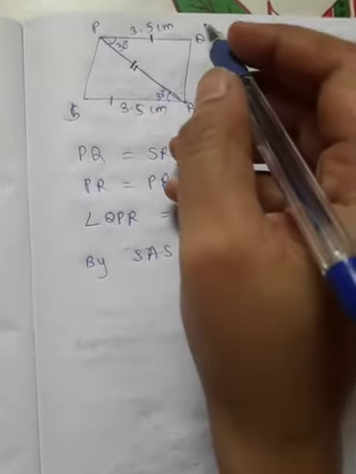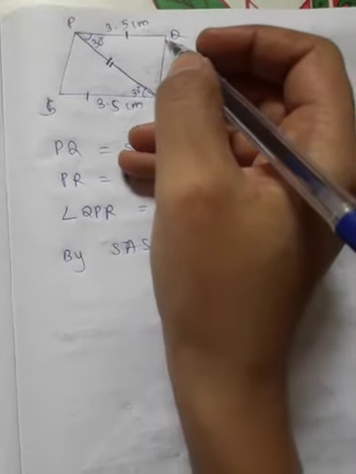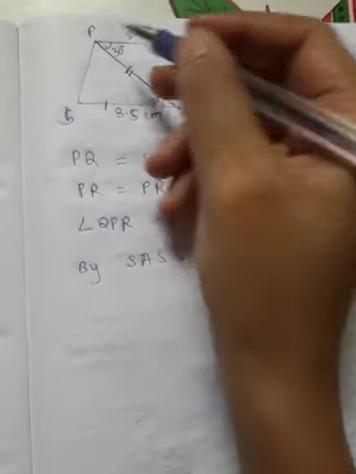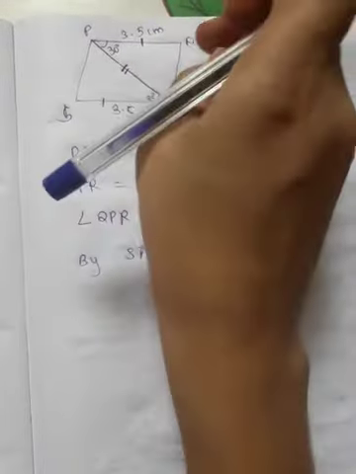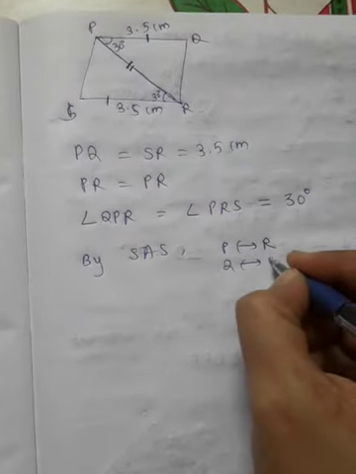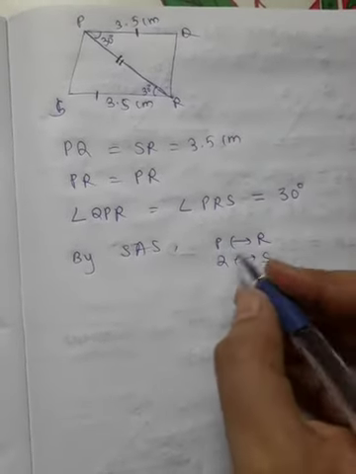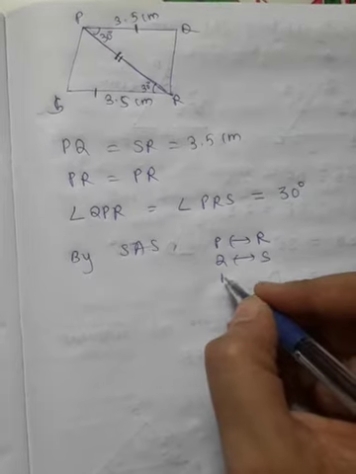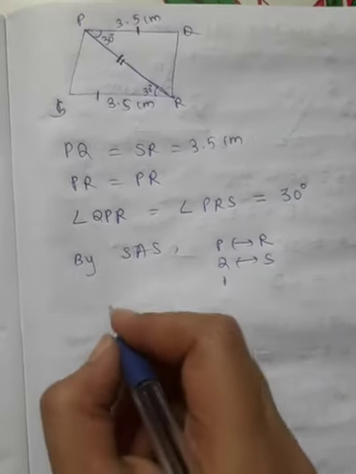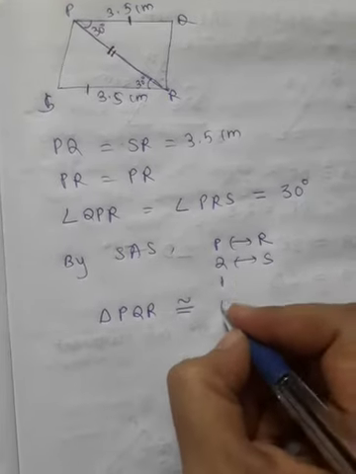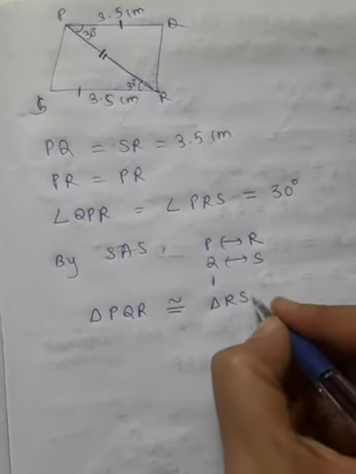But before that, check the correspondence. So you observe that when we superimpose, here P corresponds to R. Okay, so as P corresponds to R, you observe that this is 3.5, this is 3.5, so Q must correspond to S, and okay, so here we can write triangle PQR is congruent to triangle RSP.